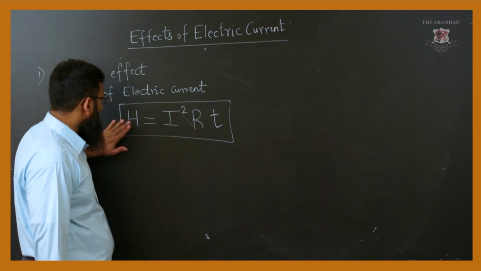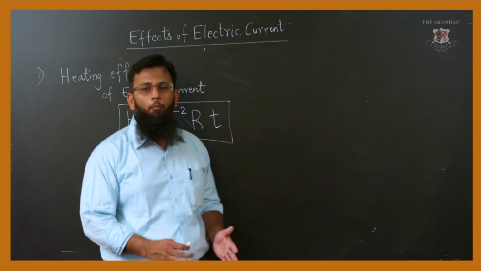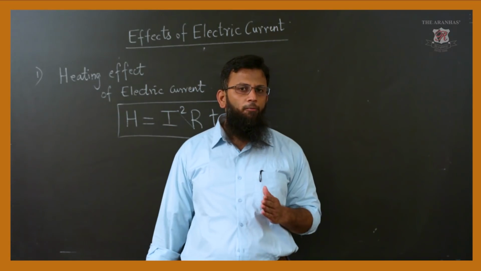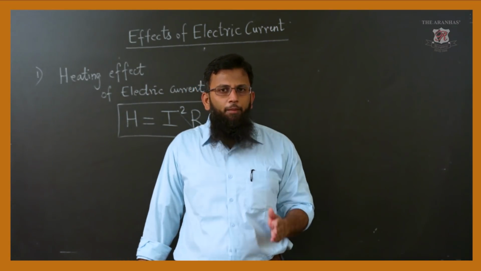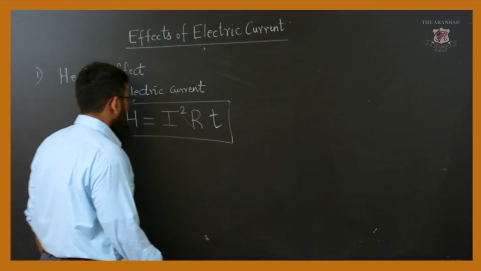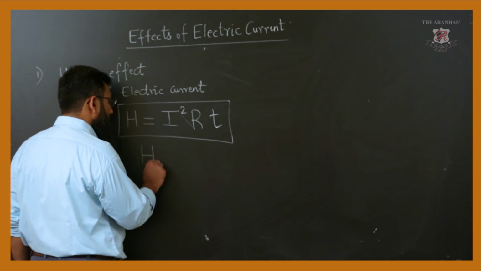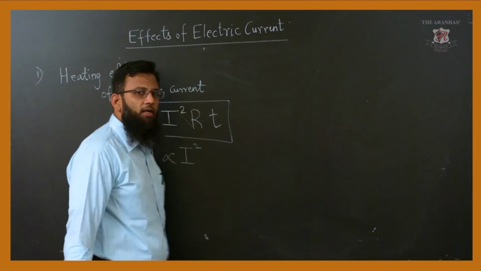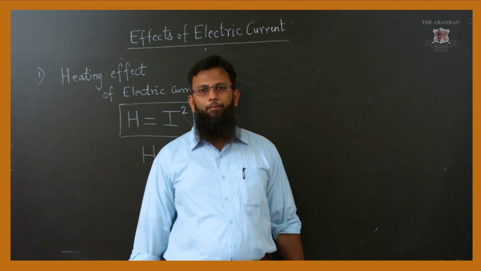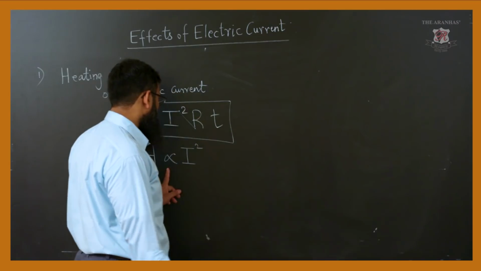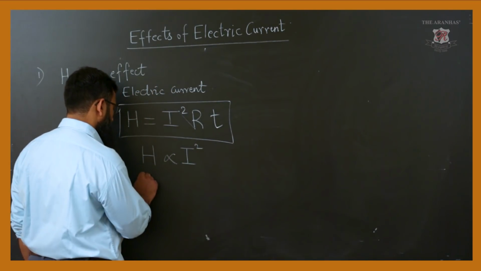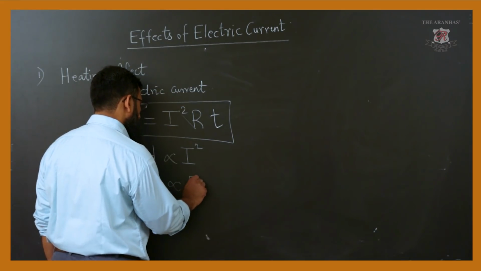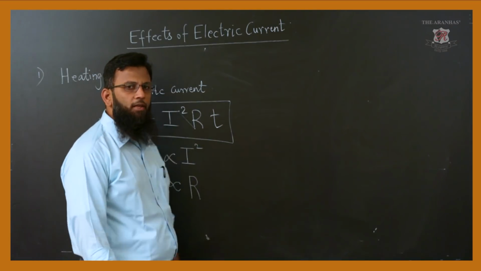Now, question arises, how to develop more and more quantity of heat energy? On which parameters will that heat energy depend? So, the point is, the heat energy will be depending on the magnitude of the current flowing through the material, square of the current. H is proportional to I square. Then it will be proportional to the resistance of that material.